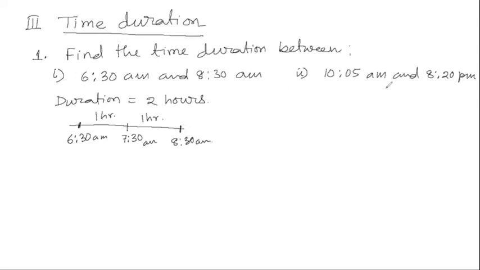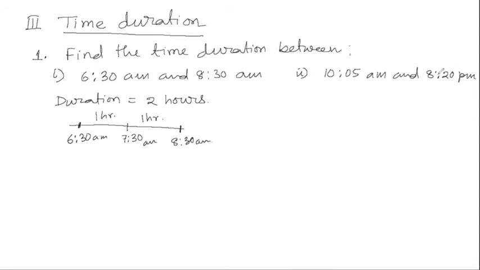Now the second one: 10:05 AM and 8:20 PM. Here one is PM and the other is AM, so how do we convert it? It is better to convert these two times into the 24-hour clock. 10:05 AM in the 24-hour clock is 10:05.